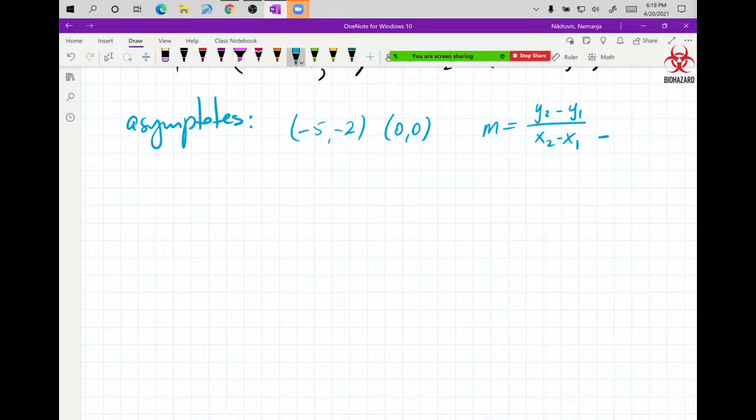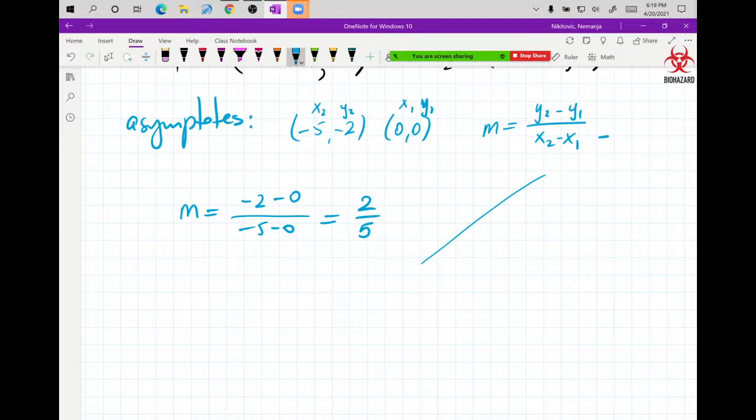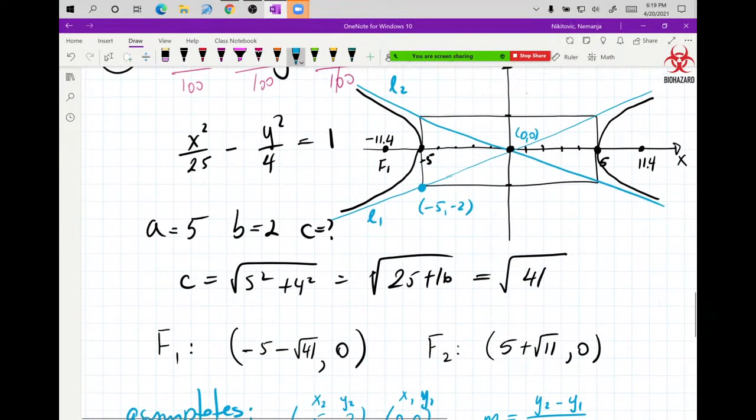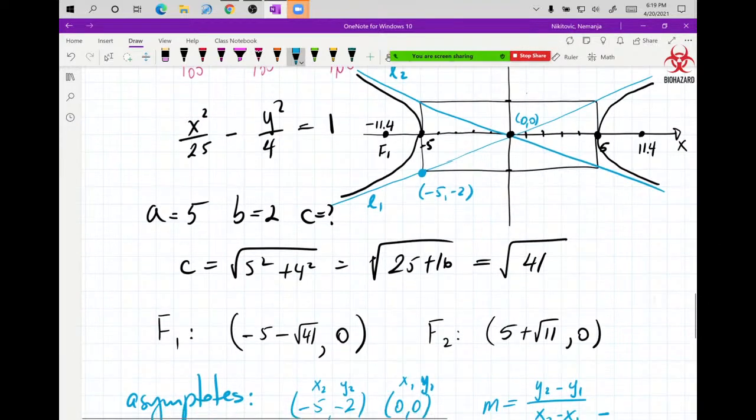So I'm going to put this as my x2, y2, and then this to be as my x1, y1. So the slope m is going to be y2, which is negative 2 minus 0 over negative 5 minus 0, and the slope is 2/5. It's an increasing slope. That's good for our line 1. As you can see up here, line 1 has the positive slope.